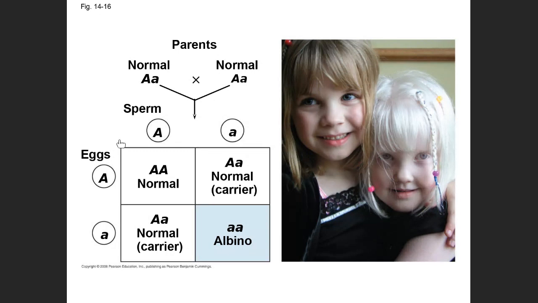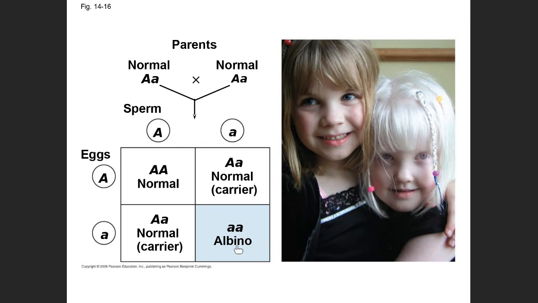And what we notice when we do the Punnett square is a 3-to-1 ratio, because remember, 2 heterozygous parents, this is a monohybrid cross. And so we've learned there's a 3-to-1 phenotypic ratio. So 75% of the offspring will have normal pigment. 25% will be albino, right?